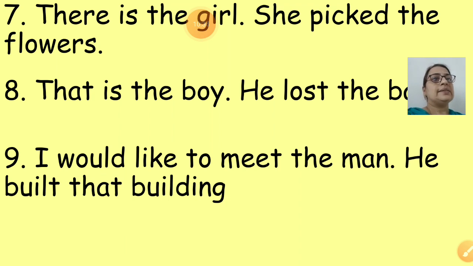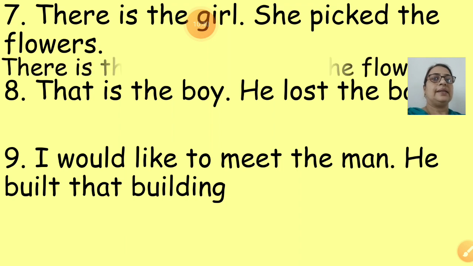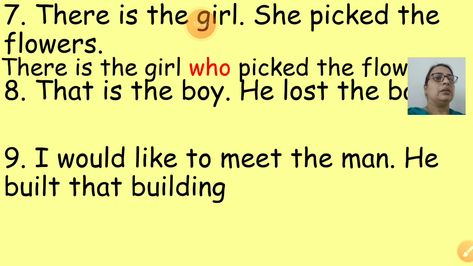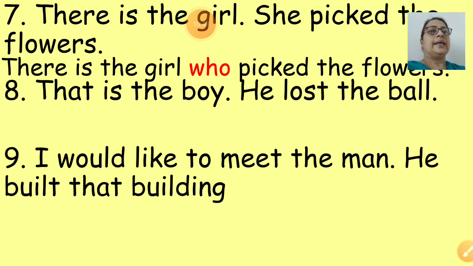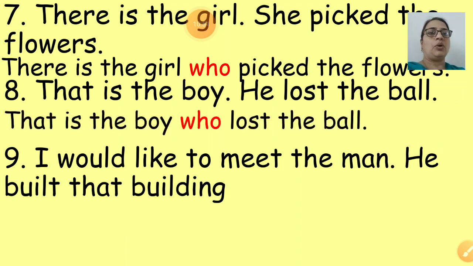Seventh, there is the girl, she picked the flowers. And the answer is, there is the girl who picked the flowers. Eighth sentence, that is the boy, he lost the ball. And the answer is, that is the boy who lost the ball. Ninth sentence, I would like to meet the man, he built that building.